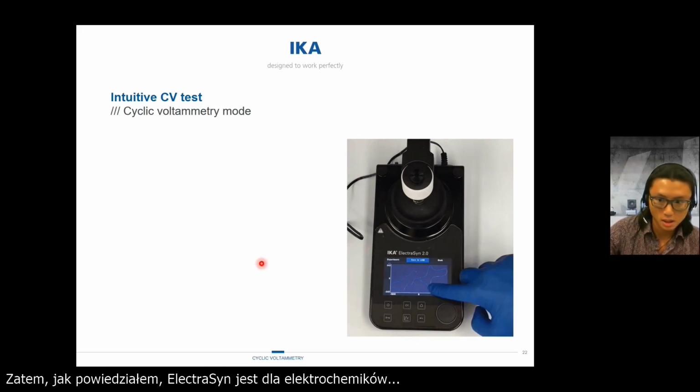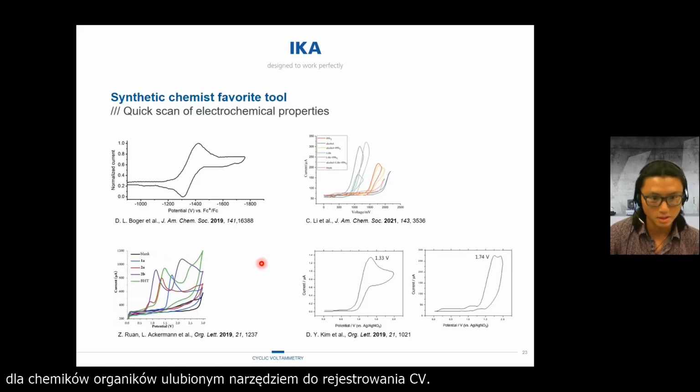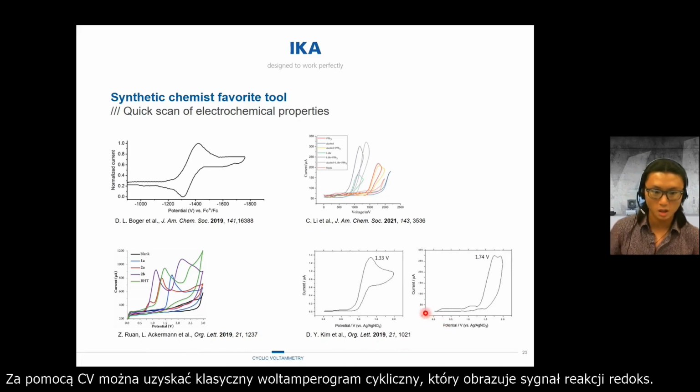So as I said, electrocene is organic chemists' favorite CV tool, and there are a lot of publications using electrocene to measure the CV. With the help of CV, you can generate the duck head shape curve, and you will understand the redox peak.